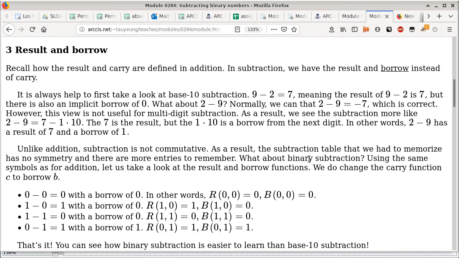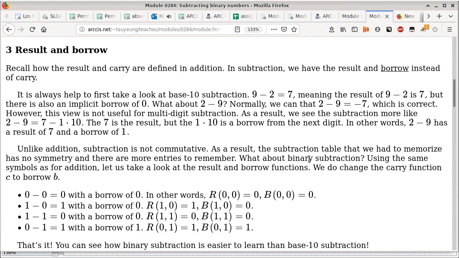Well, the 7 is still... it's -7, but I think I got the number wrong here. Yeah, so I got the digits wrong. So you have to change it to 2 minus 9 is, wait, it is -7, which is 3 minus 10. So this 7 here should be a 3.